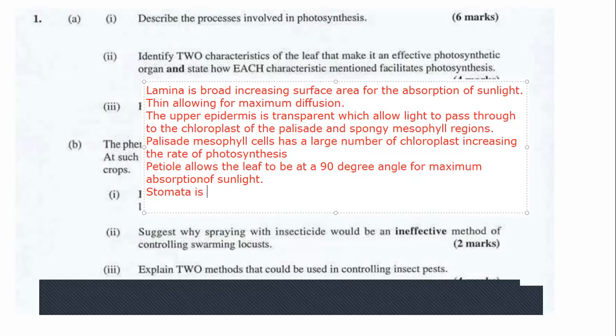Gaseous exchange. It allows carbon dioxide to diffuse in and oxygen to diffuse out. Very good. Any more that we can think of?